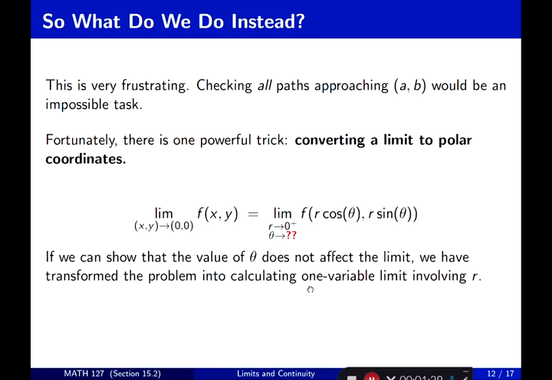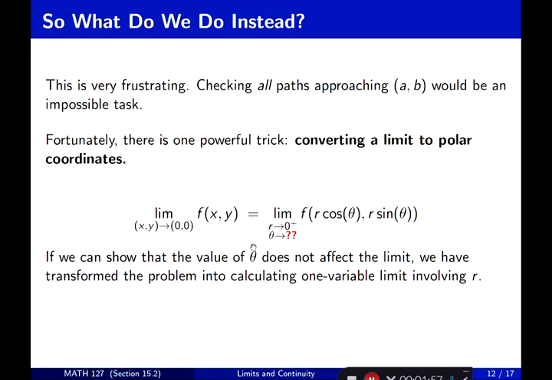So how does this work? Instead of x, you plug in r cosine theta, and instead of y, you plug in r sine theta, as r approaches 0 from the positive side. Basically you use another calculus 1 tool, a single variable method, to find the limit.